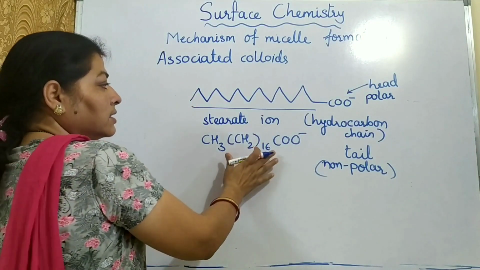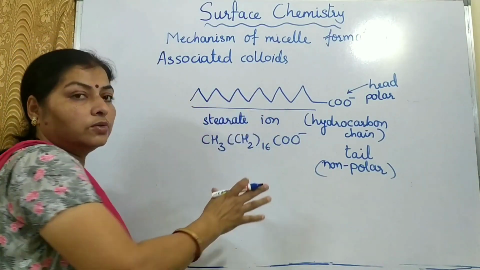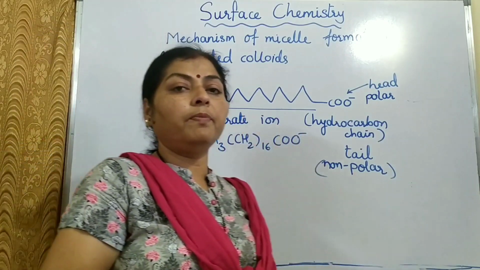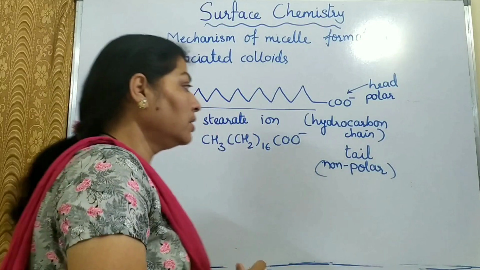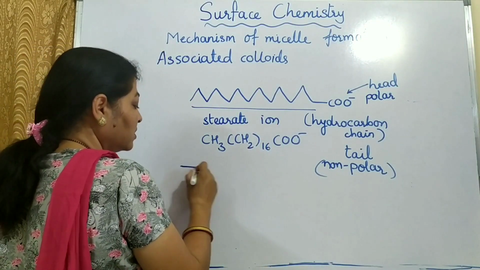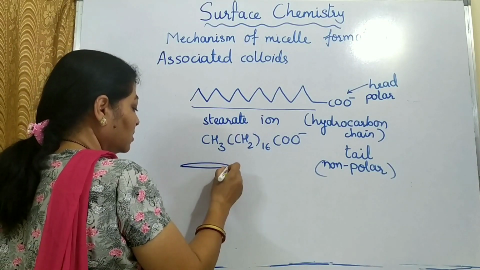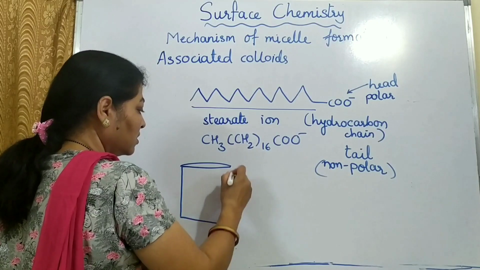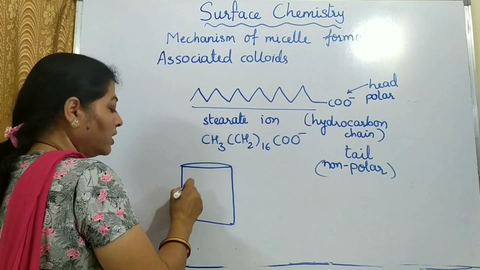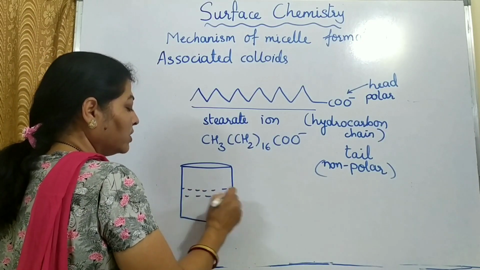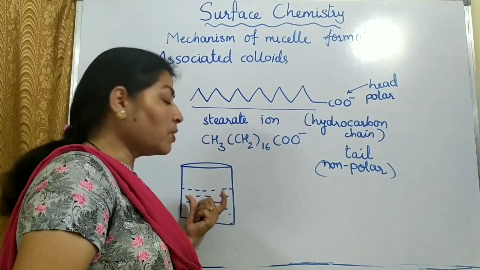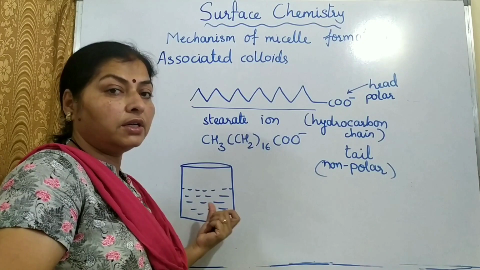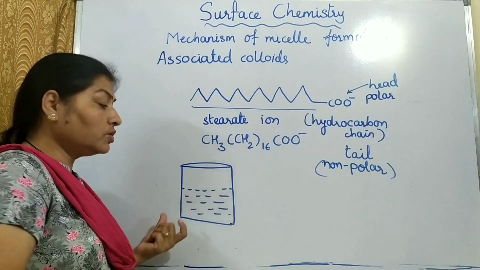Now when soap molecules or a small quantity of soap is put into water, let us see what happens. What did we see, that if there is a small concentration of soap in water, then it will behave like a true solution.